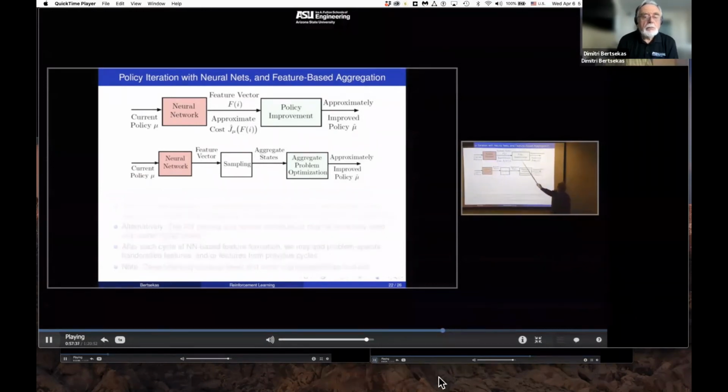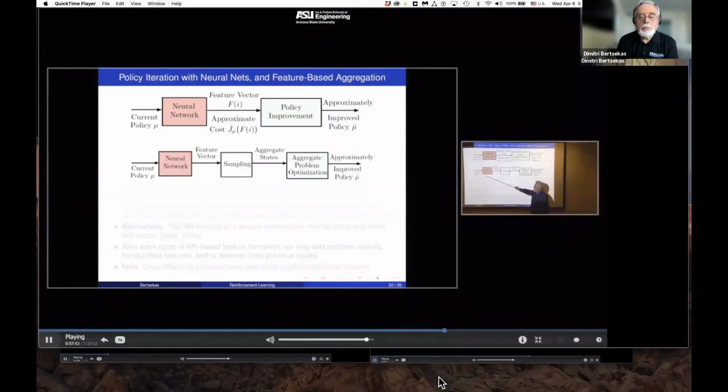This is what we have gone through with a neural network. Now suppose I bring in aggregation into this picture. How would it work? Again, I want to generate a sequence of policies.